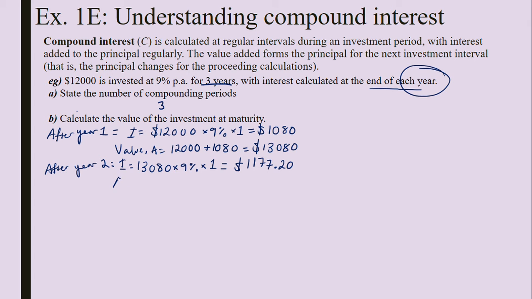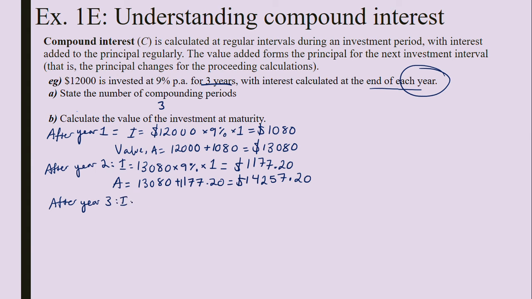So the value A after 2 years is that $13,080 from the previous year plus the last lot of interest. That's $1,177.20 to give us a total of $14,257.20.